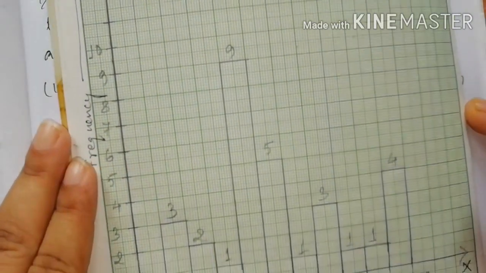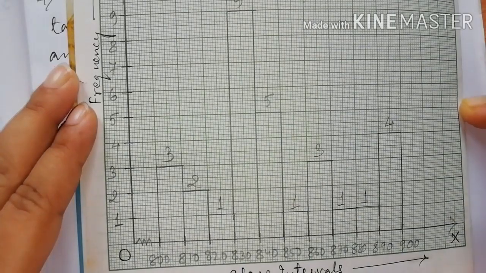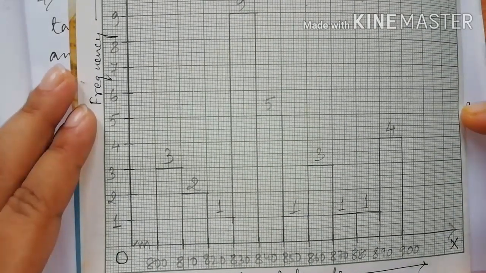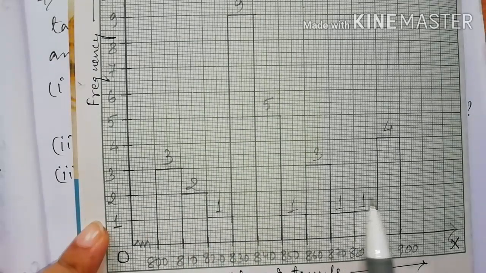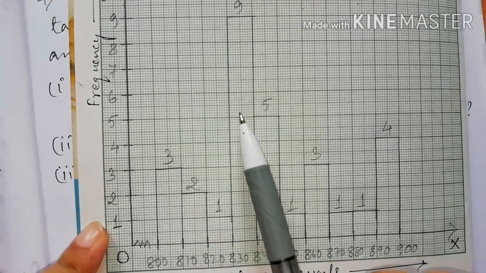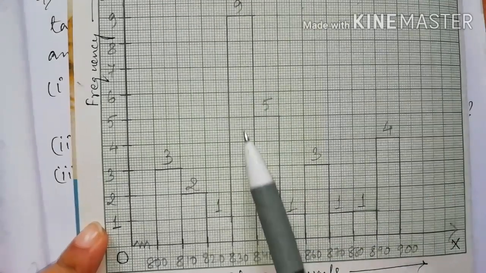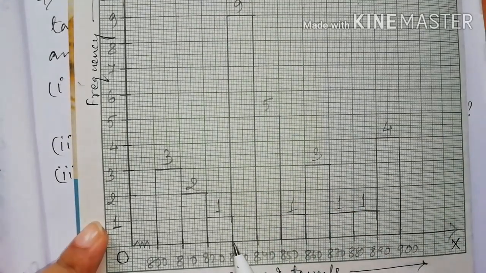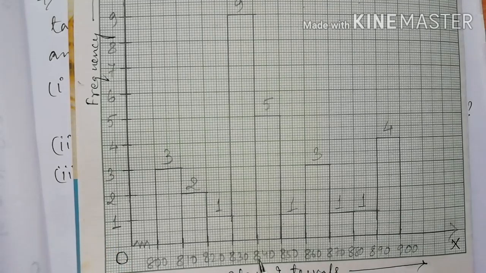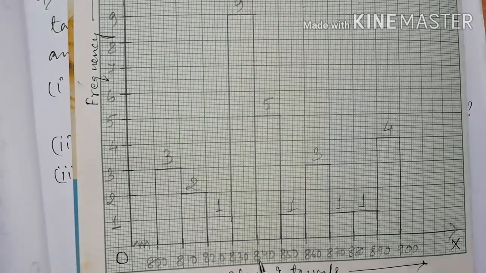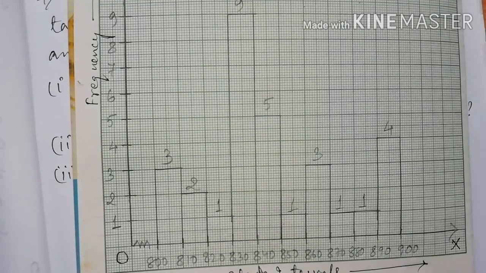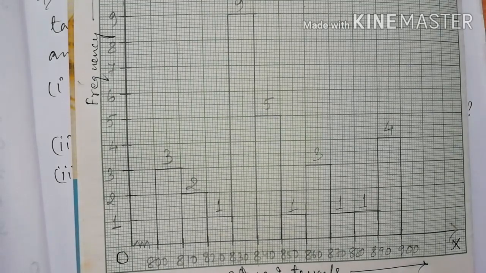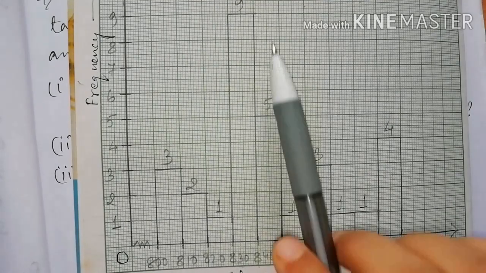If you see the graph properly and compare the bars, this bar is the maximum, the tallest one. So which group? From 830 to 840. The number of workers who get 830 to 840 is 9.